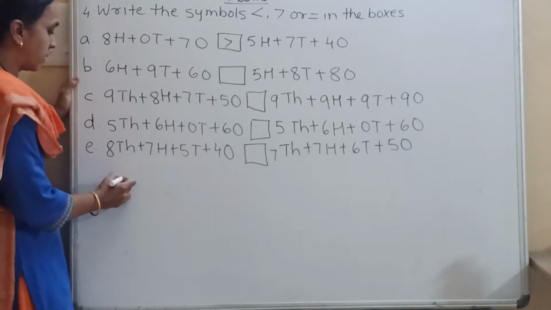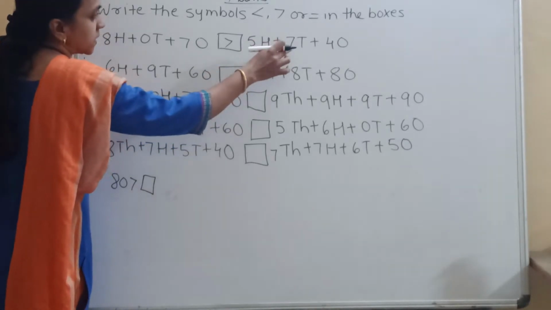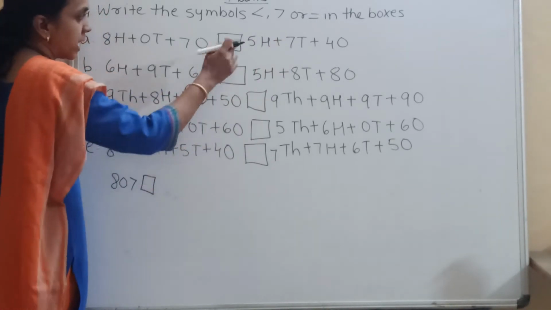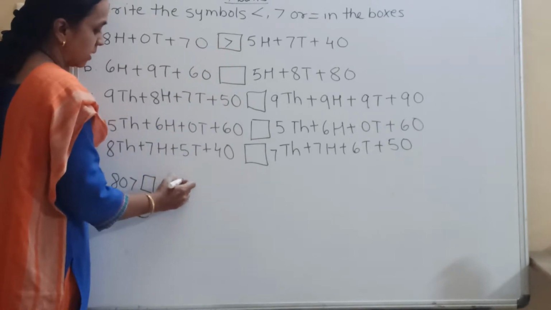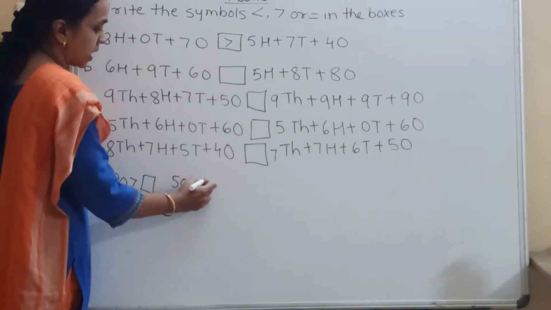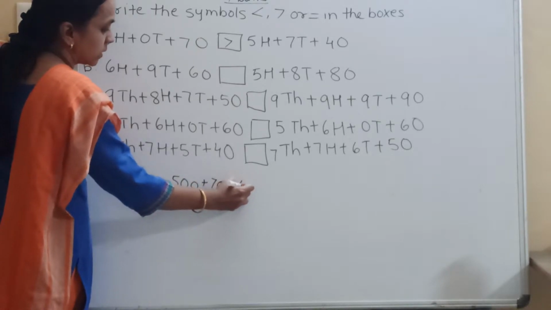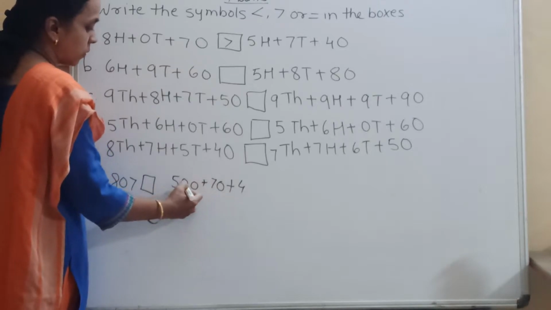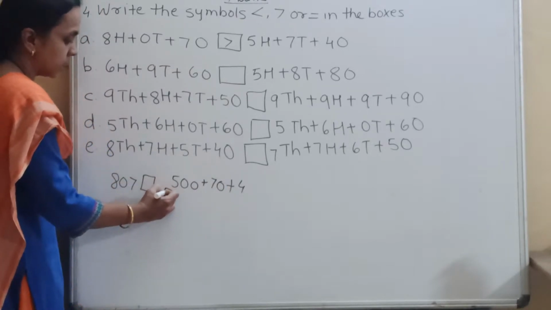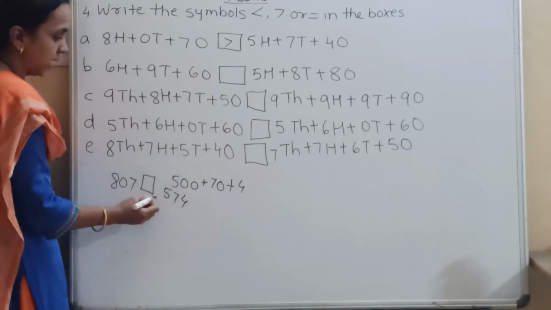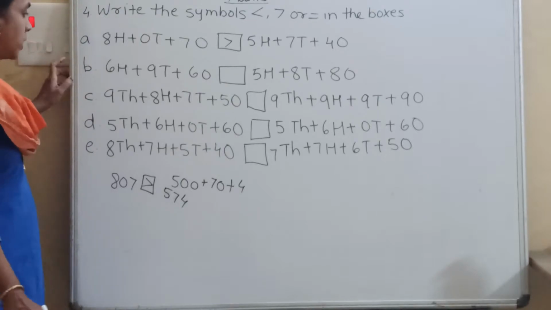And here 500 plus 7 tens plus 4 ones. 7 tens means 70. 500 plus 70 plus 4 ones means 4: 574. So 807 is bigger than 574. So this answer is right, that is given in your textbook.